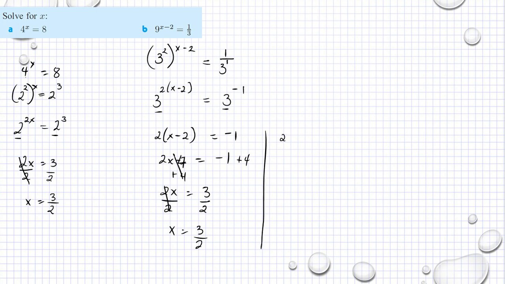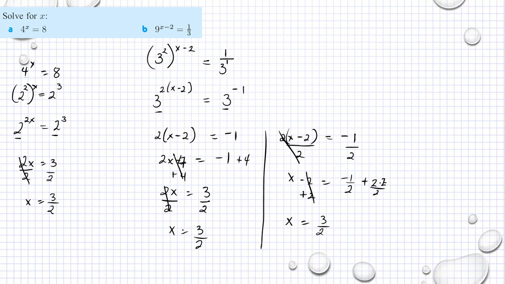Yes. 2 times x minus 2 in parentheses is equal to negative 1. If I divide both sides of the equation by 2 already, then I have x minus 2 is equal to negative 1/2. Plus 2 on both sides. Then we have x is equal to, if I expand this by 2, 4 minus 1 over 2, which is 3/2. So it depends what you want to do.